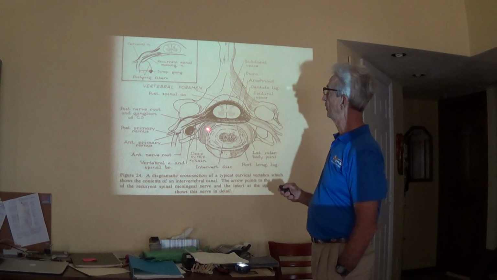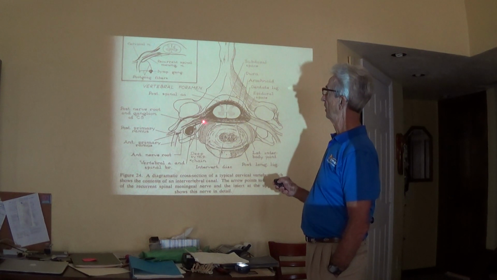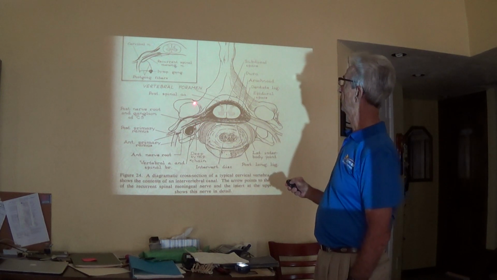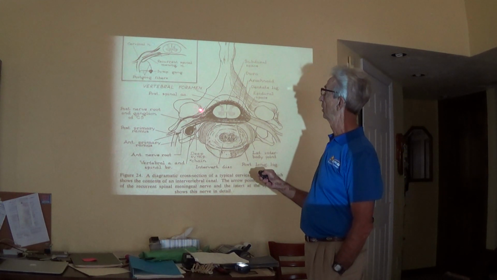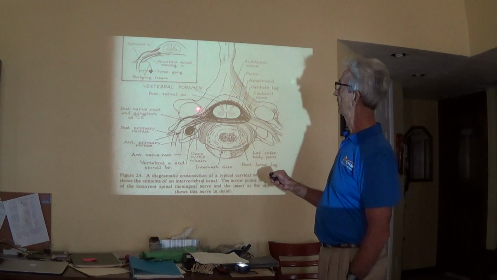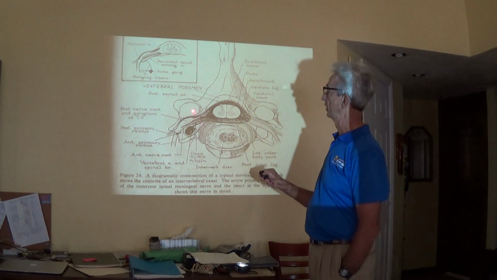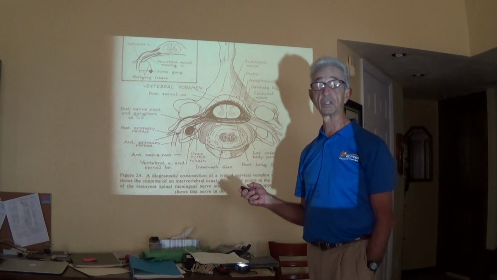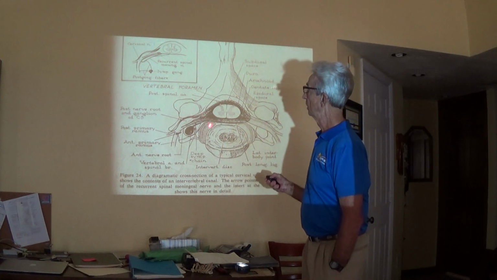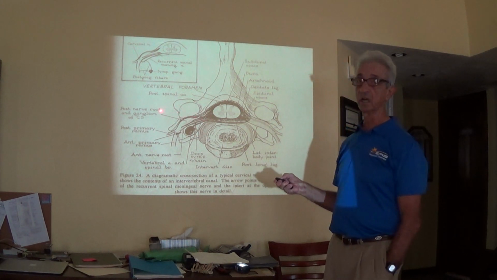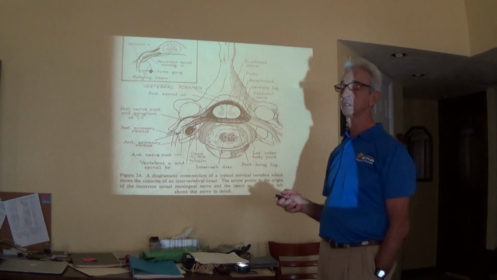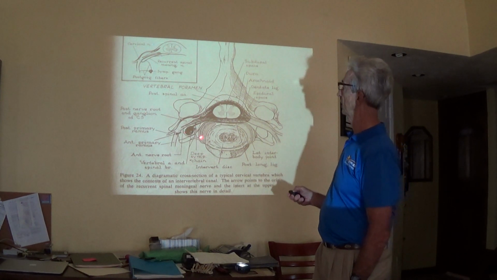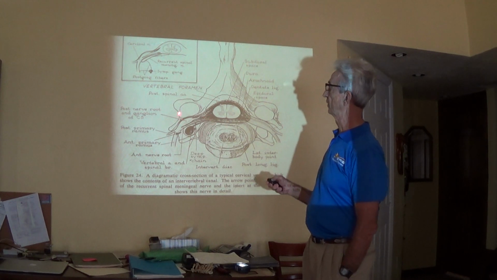And so if you have a disc protrusion, if you have a little spur coming off of the joint of Luschka, or you have a little spur or swelling of this facet joint, there is no room for it here to swell into the intervertebral foramen. Therefore, if it doesn't have anywhere to go and it pushes on it, you've got a pressure problem right here. And of course, this is how you get cervical radiculopathies.